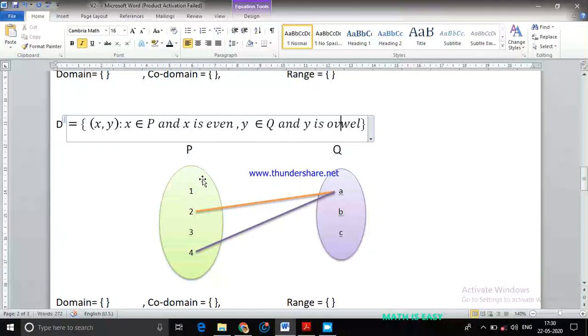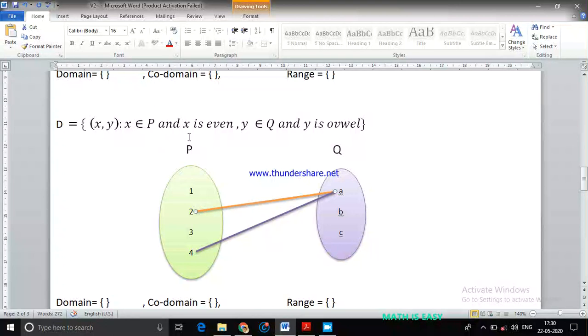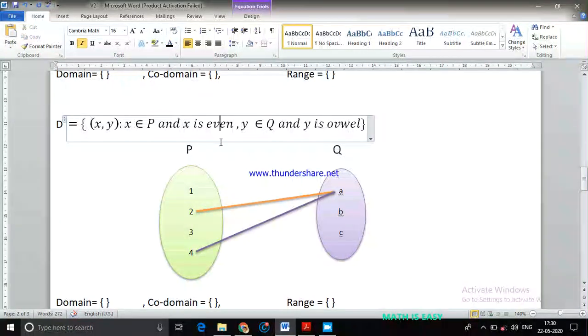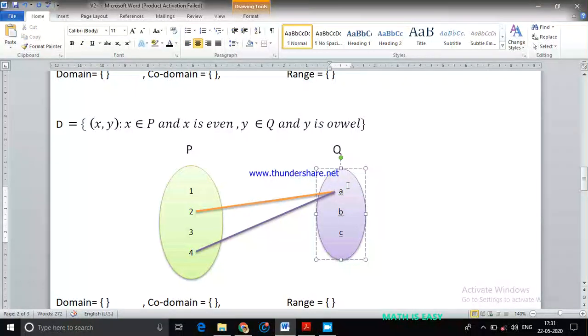Now how am I getting the relation from P to Q? First, x is an element of P and x is an even number, right? So here the even numbers are 2 and 4. To whom are they mapping among the elements of Q, which are vowels? Here the only vowel is A. So 2 is mapping with A and 4 is also mapping with A.